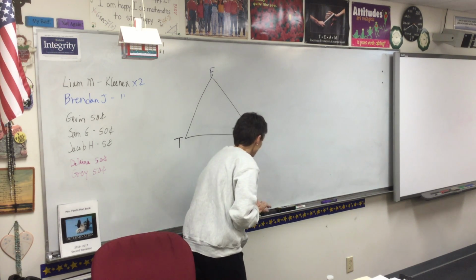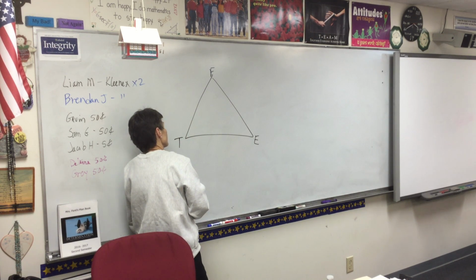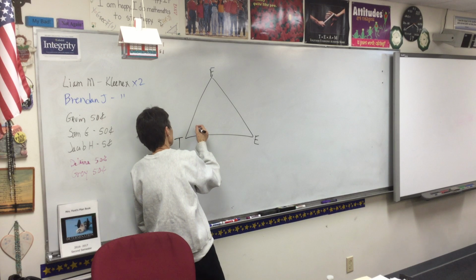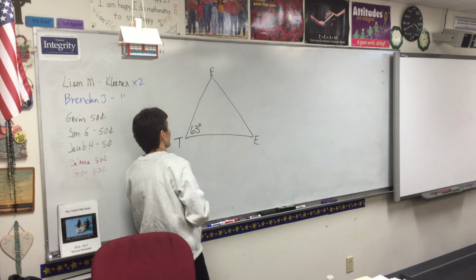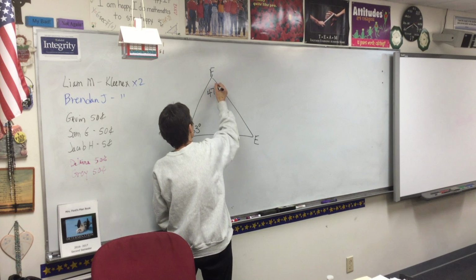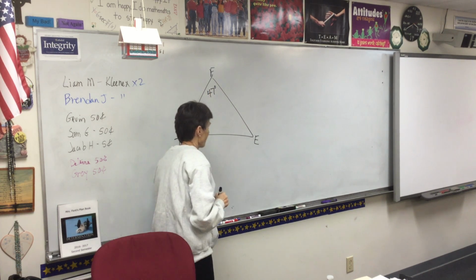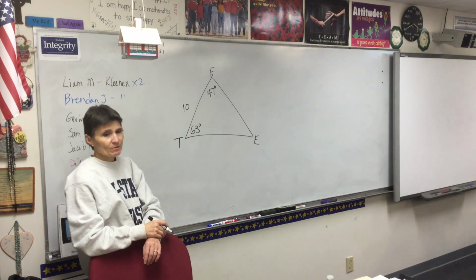I use my husband's initials. And let's say angle T is 63 degrees. Angle F is 47 degrees. And side E is 10. Solve that triangle.